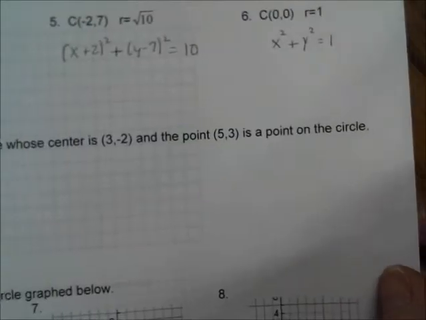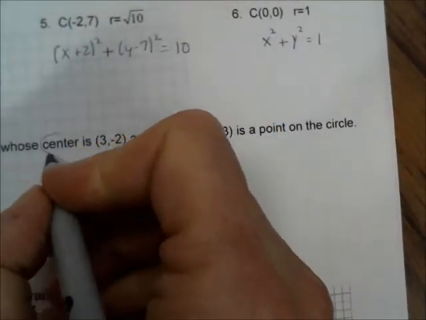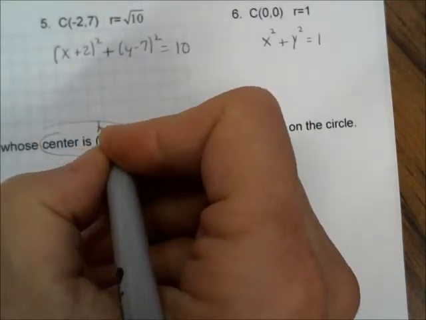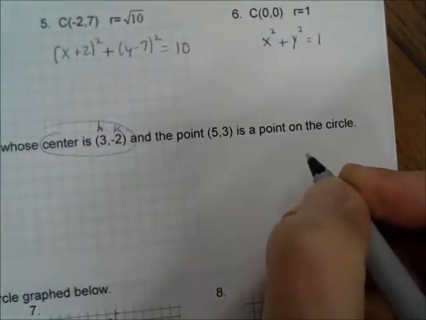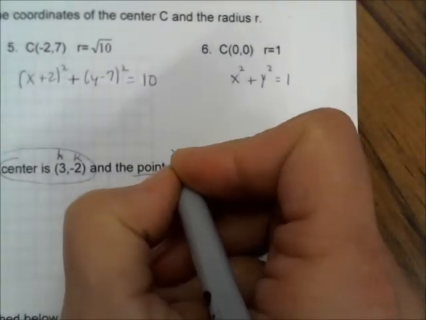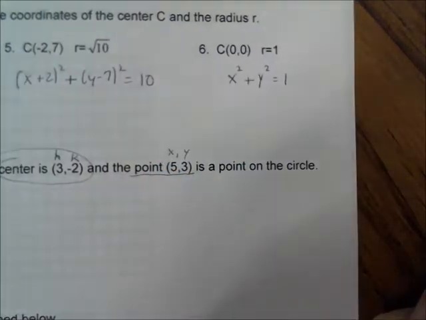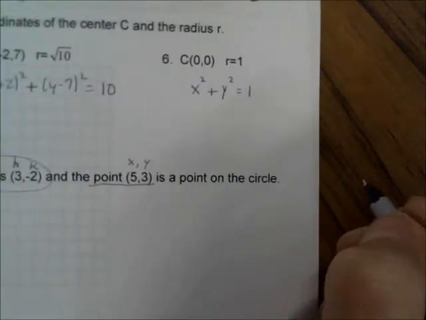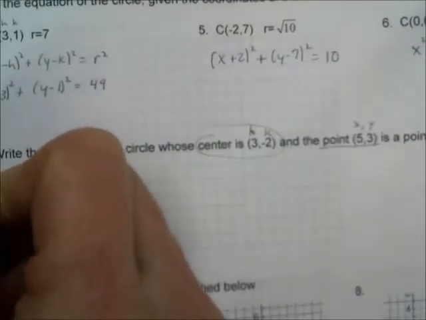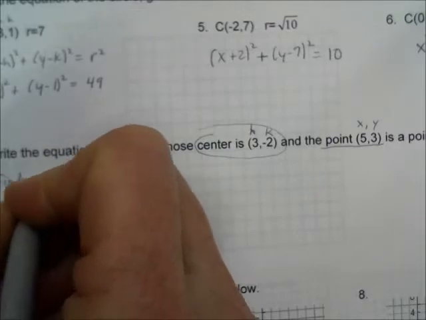And now we have some different information. We're given the center here, which is called h and k, and we're given a point on the graph. Now, points on the graph are called x and y. We don't know what the radius is. We have to figure it out. So one of our jobs here in writing the equation of this is to find the value of r.